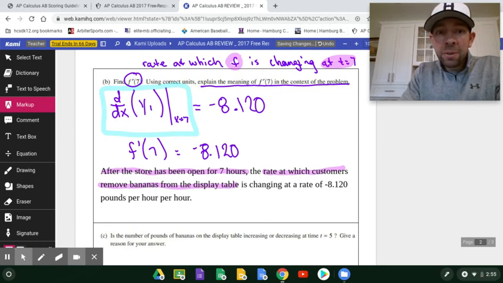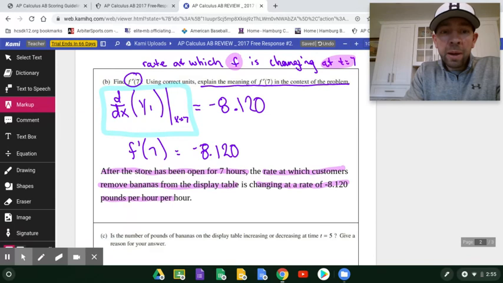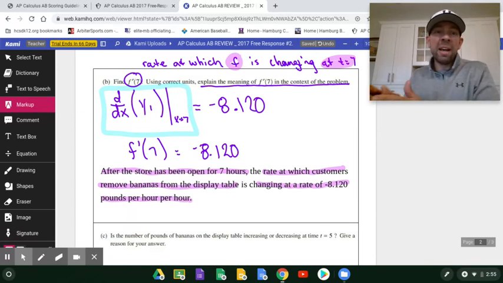And then we get into the real f prime here. f is changing at a rate of negative 8.120 pounds per hour. Because remember, f was already pounds per hour, so when you differentiate that, you're basically attaching another per hour.